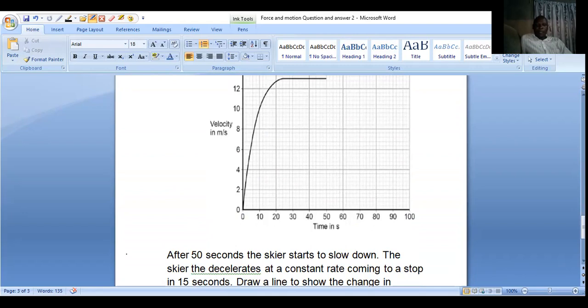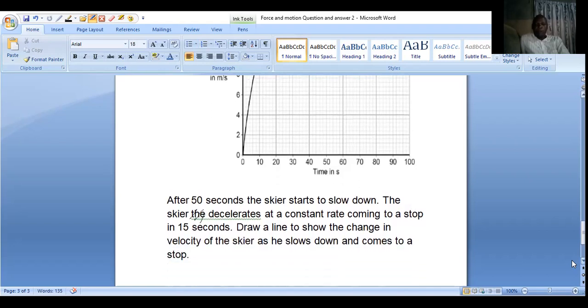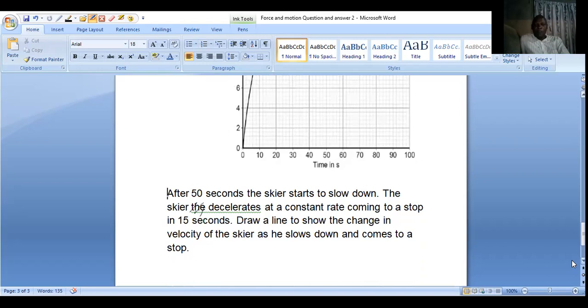The skier decelerates at a constant rate, coming to a stop in 15 seconds. Draw a line to show the change in the velocity of the skier as he slows down and comes to a stop.